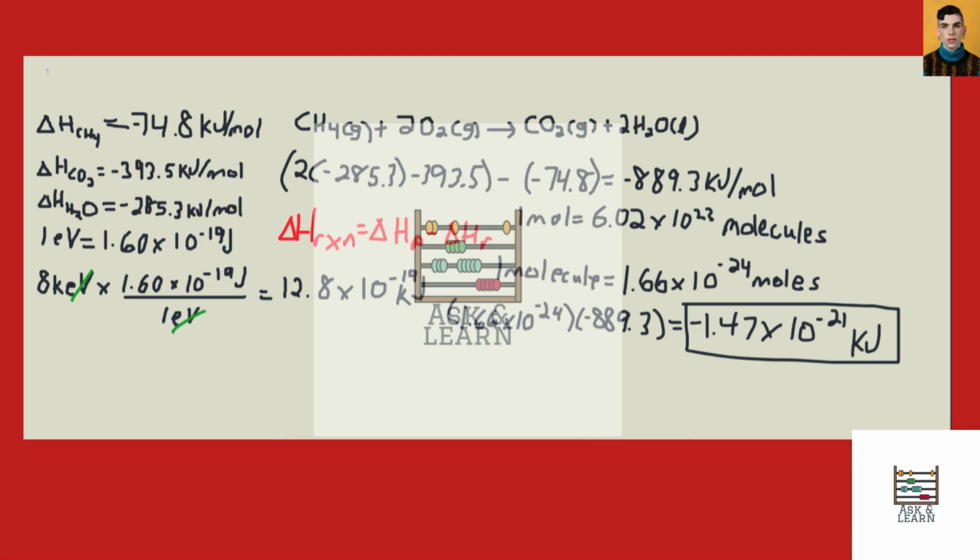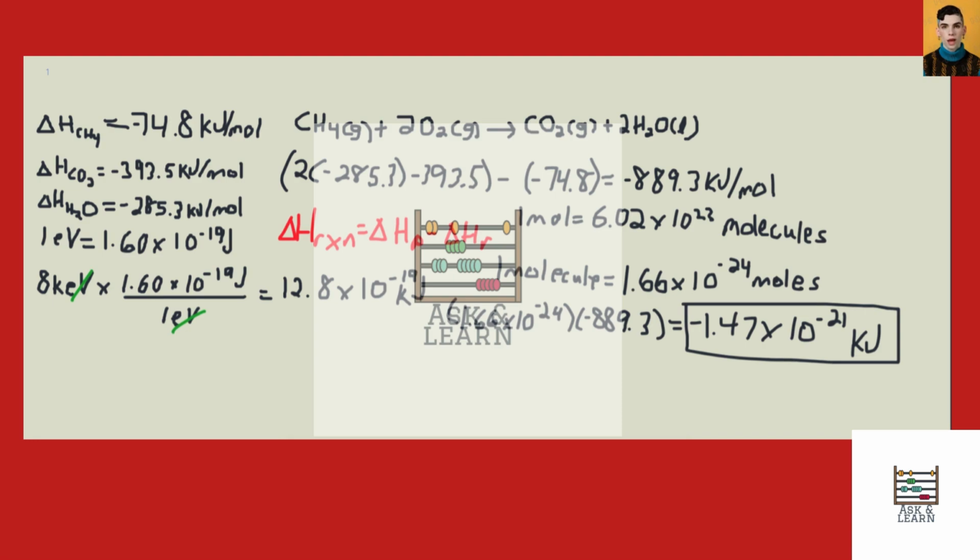So we can see that the energy we get from the X-ray is 12.8 times 10 to the negative 19th kilojoules. Now, the energy released from burning of methane is 1.47 times 10 to the negative 21 kilojoules.